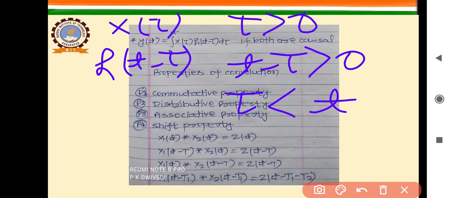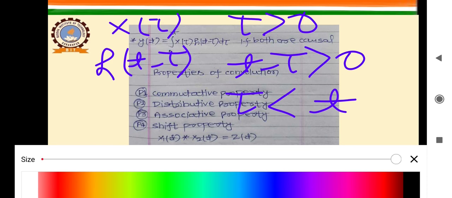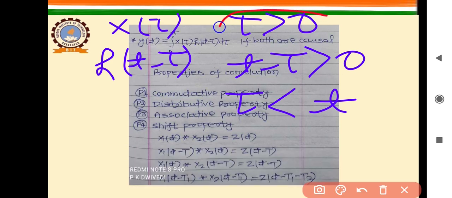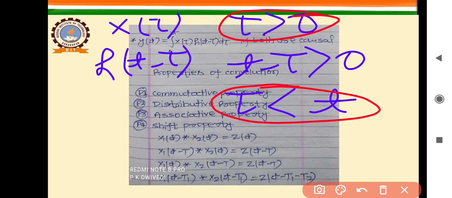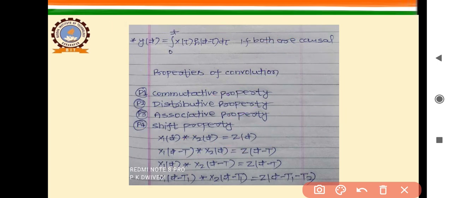So this statement says that tau is greater than 0. This says that tau is less than t. If we combine the two limits, tau is from 0 to t. So the limit of integration, if both the signals are causal signals, will be from 0 to t.